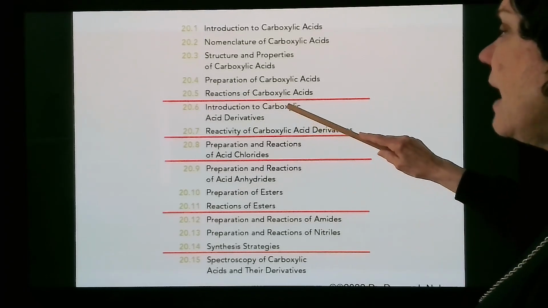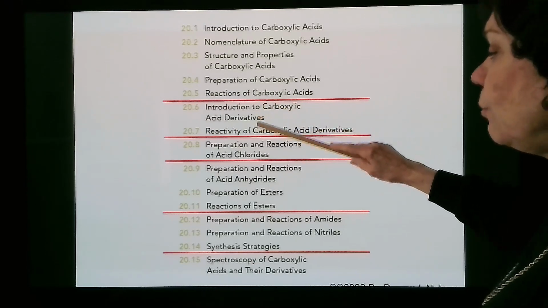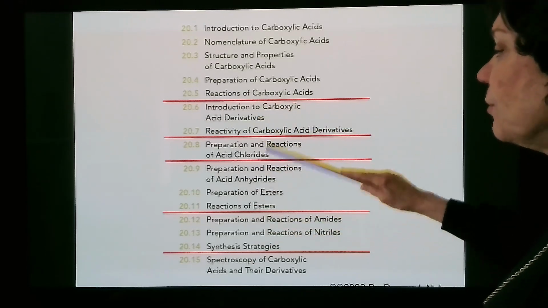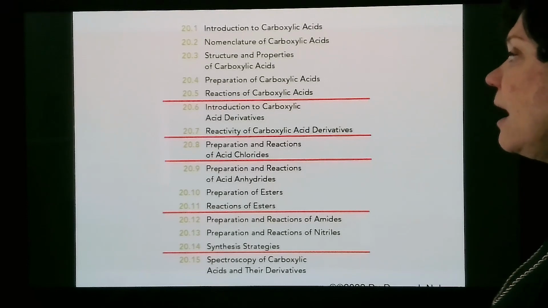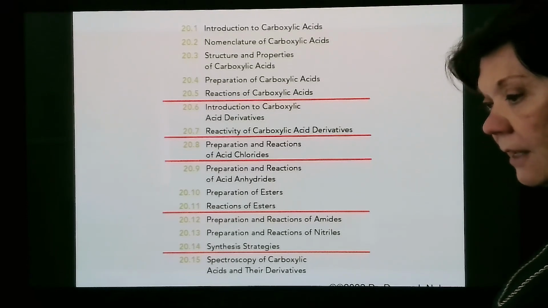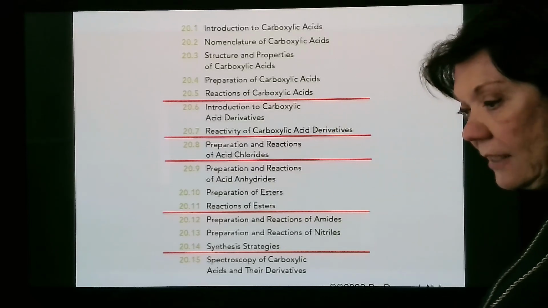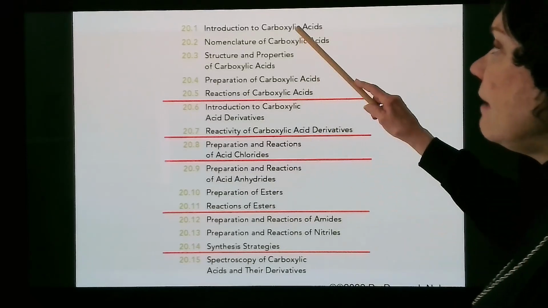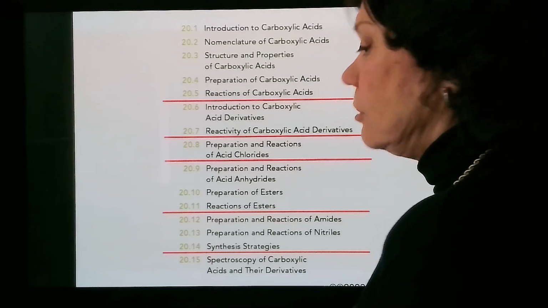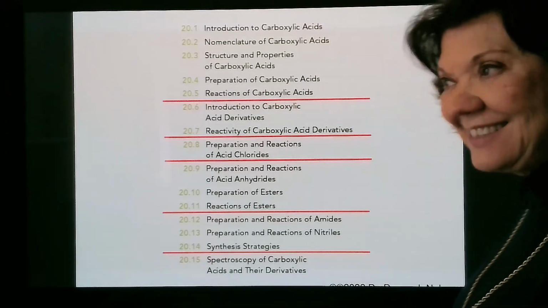Then we'll look at the remaining sections, I'm not going to list all of these, starting in the next lectures. So first, we'll look at the introduction to carboxylic acids.